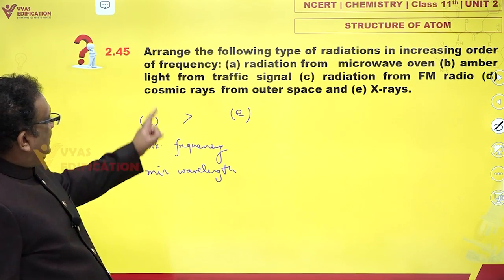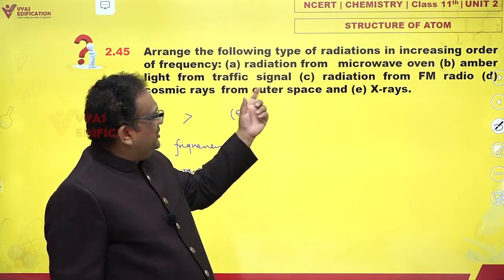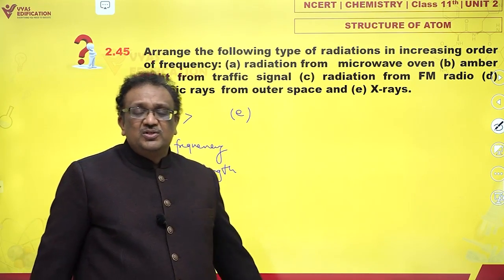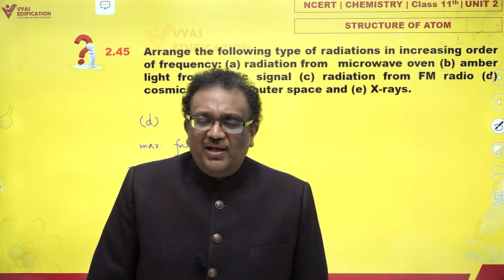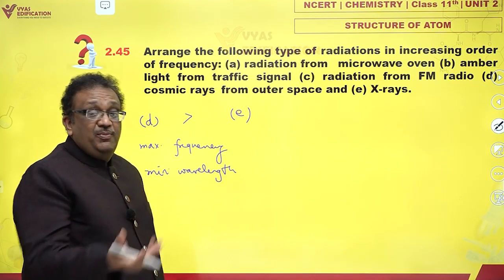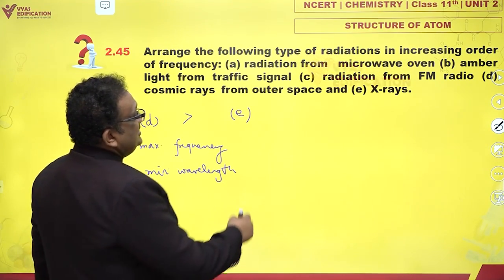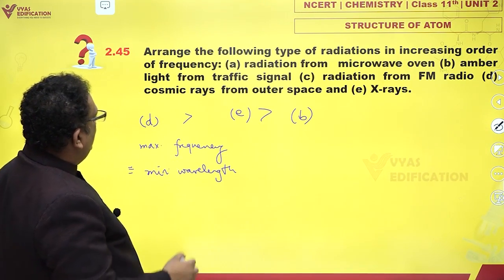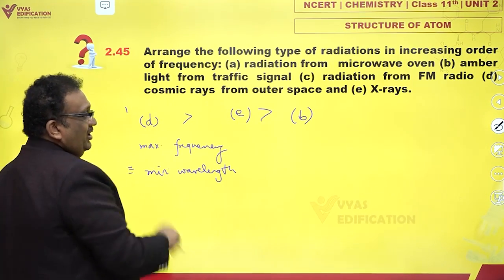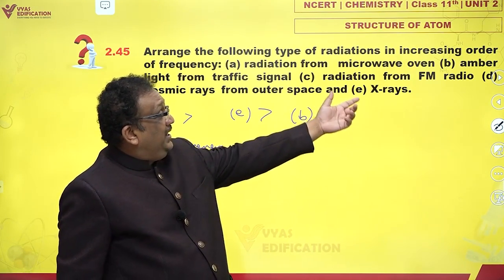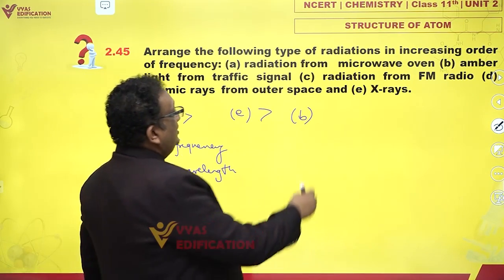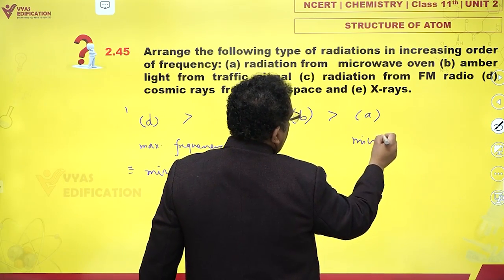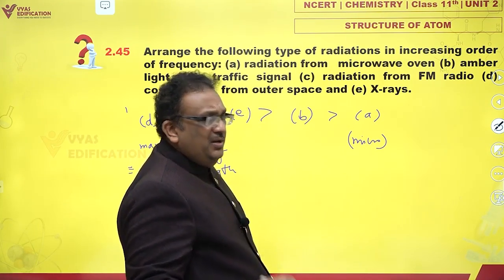And then comes X-rays, which are very short wavelength rays and very powerful. Then you have amber light from traffic signals. What is amber light? It is yellow light actually. So it is visible light, intermediate. So yes, then comes B. This is the UV section, beyond ultraviolet. This is visible. And then if you have radio waves and microwaves, they have wavelength somewhere in millimeters.